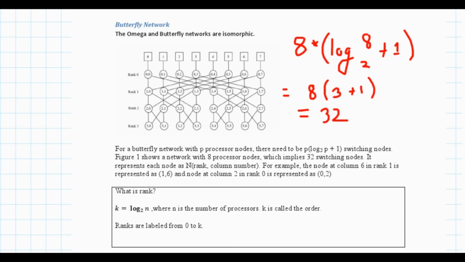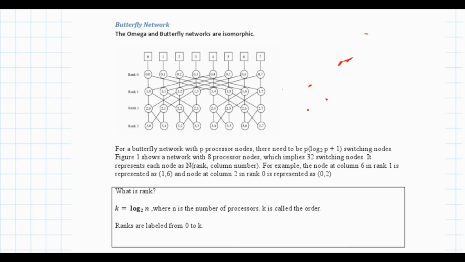Now, when we represent a particular item in a two-dimensional matrix, we represent it using something like n, i, j, where i is your row number and j is your column number, row index and column index. But in butterfly network, you can see that rather than row index, the concept of rank has been introduced here.